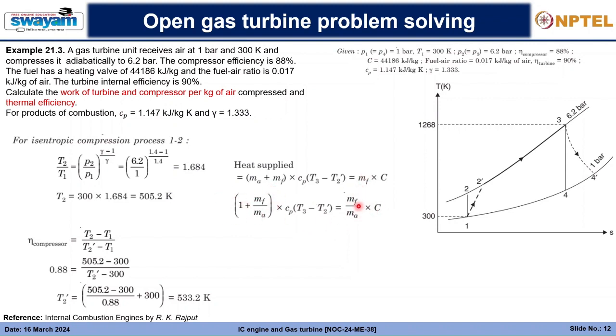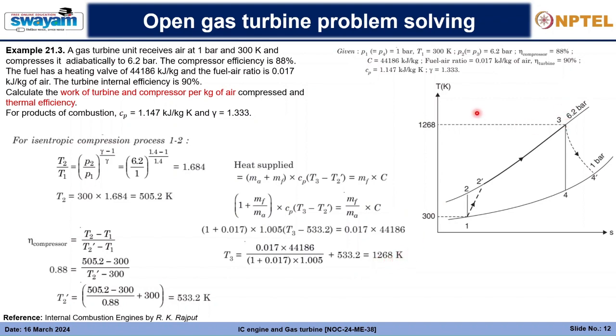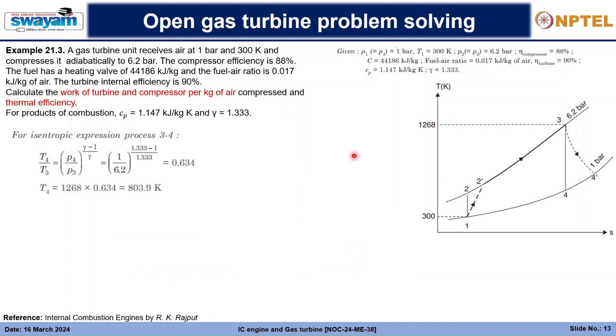That way we will get this particular relationship, and we are given Mf by Ma, the fuel to air ratio, to be 0.017. So we will put this value, and accordingly we will solve for T3. Like I told, we are given a means to calculate T3. So accordingly we will calculate T3 to be equal to 1268 Kelvin.